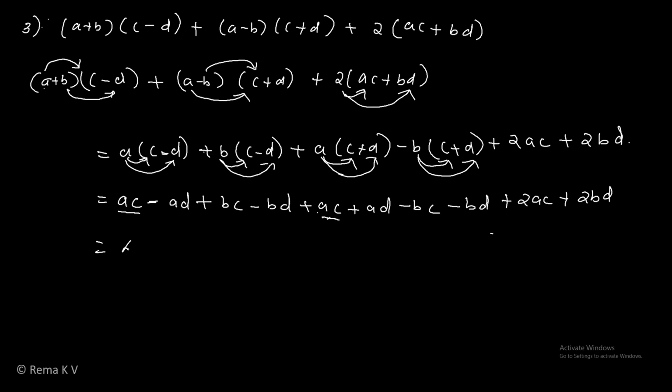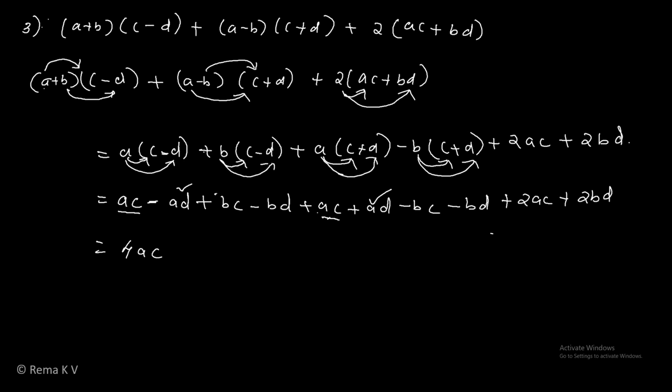So the total is 4 AC. 1AC plus 1AC, 2AC plus 2AC, it is 4AC. Now minus AD and plus AD. Minus 1 plus 1, it becomes 0. So that term is not there.